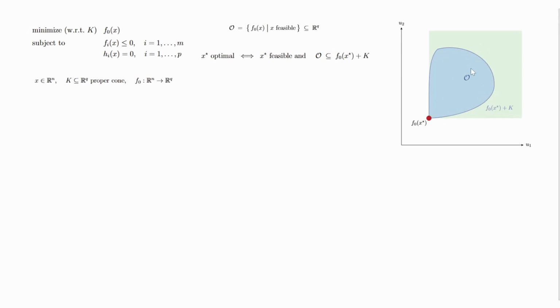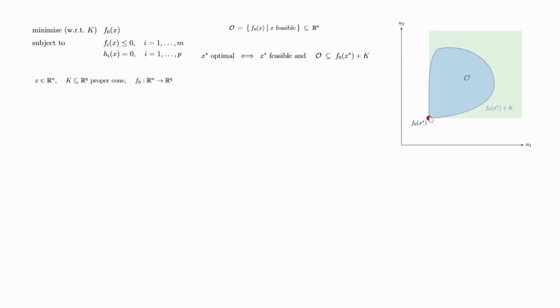We can see every single point is worse than this point here because it's to the right and above this point. Now, again, this is a very special situation. Most vector optimization problems don't have something like this.